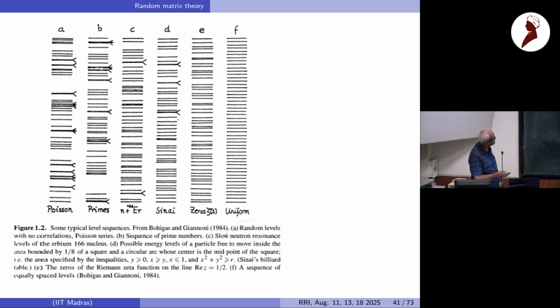And actually Riemann studied the zeta function so as to understand the density of prime numbers, so there is a deep connection between these two things. But you can see that for the zeros of the Riemann zeta function, there is no V marked at all. So level repulsion, or zero repulsion, is very strong here.